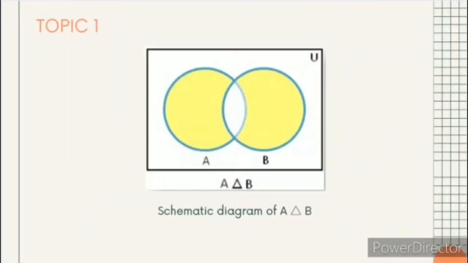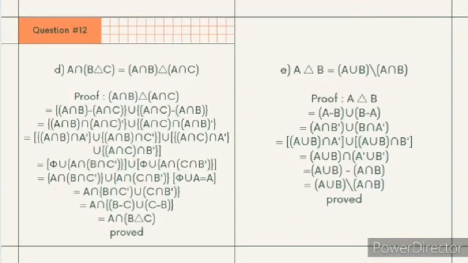And then for question D, we need to prove A intersect (B delta C) equal to (A intersect B) delta (A intersect C). Proof: (A intersect B) delta (A intersect C) equal to (A intersect B) minus (A intersect C) union (A intersect C) minus (A intersect B) equal to (A intersect B) intersect (A intersect C) complement union (A intersect C) intersect (A intersect B) complement.